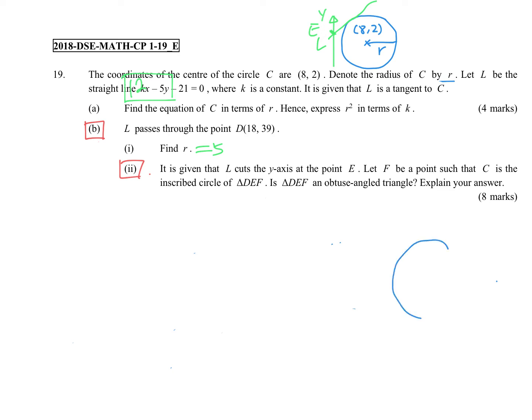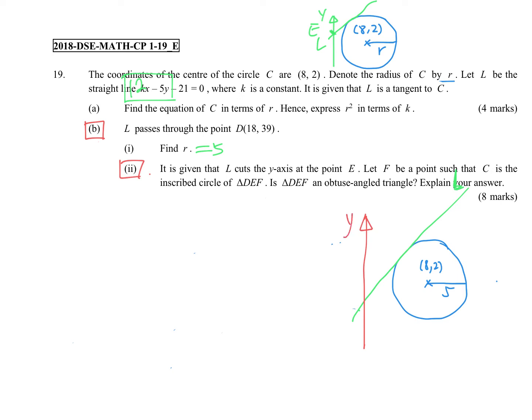So first of all, this is the circle. So center (8, 2), and then now the radius is 5. Good. And then the straight line equation, so that would be like this. Okay, good. This is L. And then cutting the y-axis, the red line.